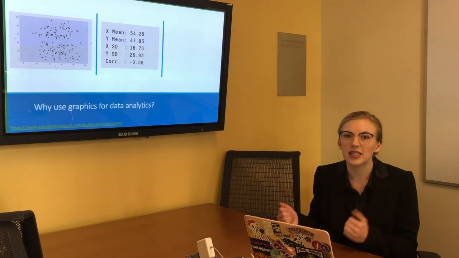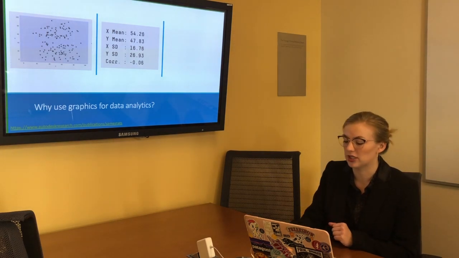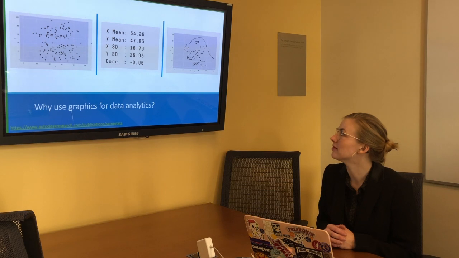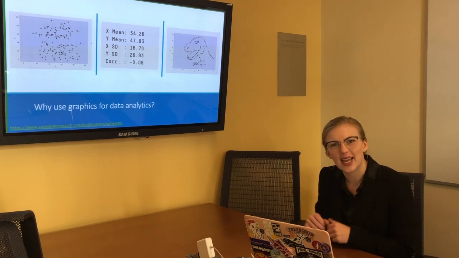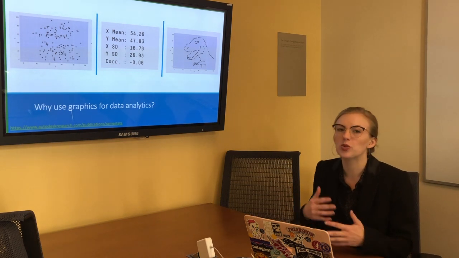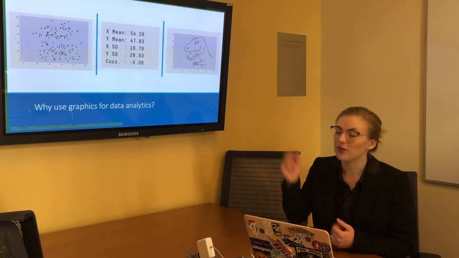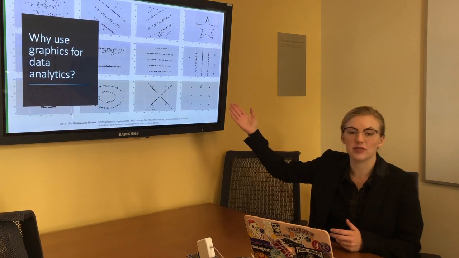For example, here is another data set that has the exact same descriptive statistics as the one on the left. This clearly is an unusual data set and would probably raise some eyebrows if you actually looked at it, but you would completely miss this pattern if you had only looked at the raw statistics. And the same is true for all of these different data sets.